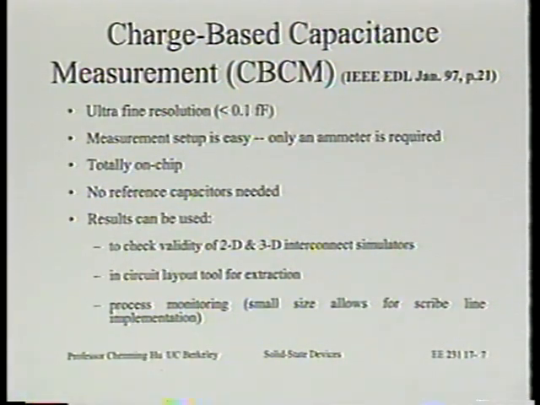The standard, straightforward way to do this is to lay out a test pattern with thousands of lines going left to right in metal 1, and thousands of lines going up and down in metal 2. So you form millions of these little capacitances, and then measure with a probe and use a capacitance meter.